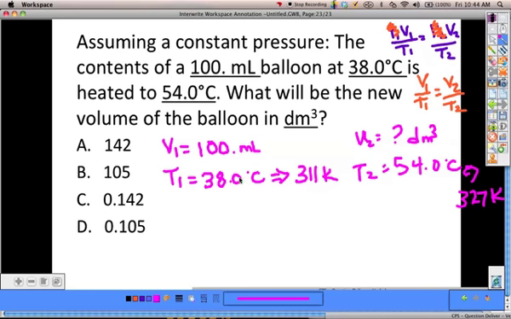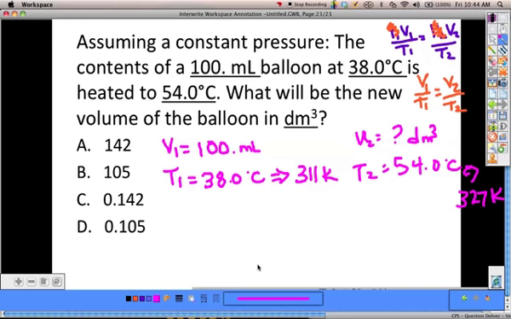What other conversion will I need to make either at the beginning or the end? Liters to decimeters cubed, which is the same as what other unit? Liters. Good.